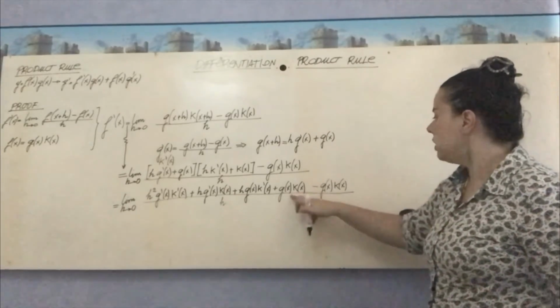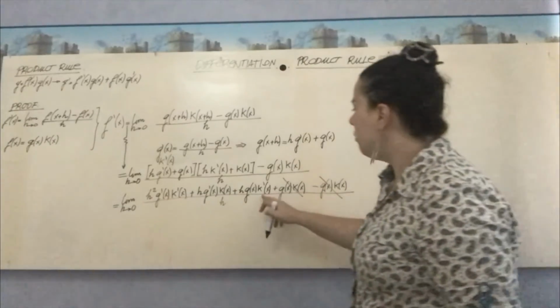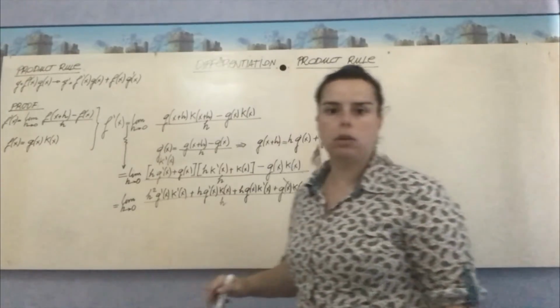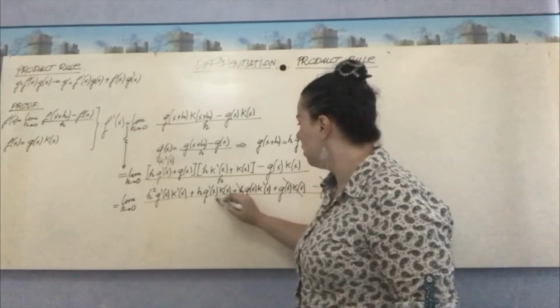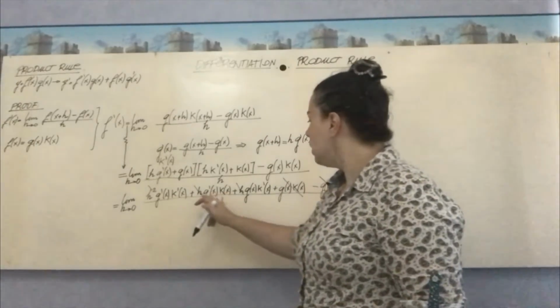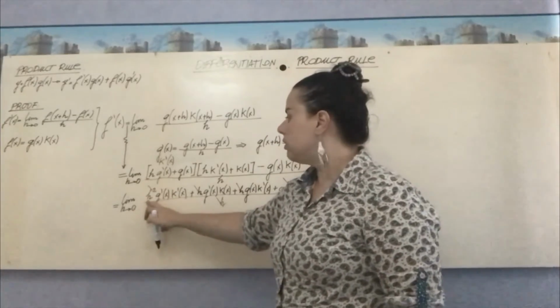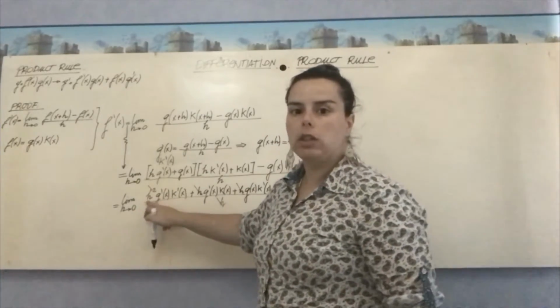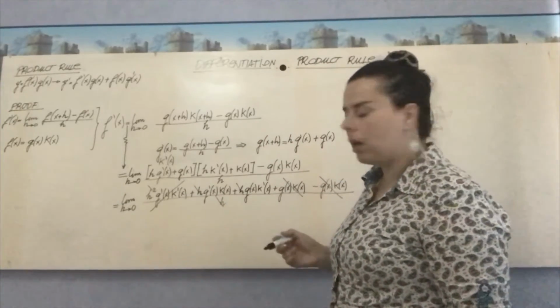And now I can begin simplifying. I've got the same term adding and subtracting, that's going to cancel. And then in every single one of these, I'm going to have an h that I can simplify with the h here, and that leaves me two terms that don't depend on h, and one that does. I've got one h here. If h tends to 0, this term cancels as well because it's multiplied by 0.